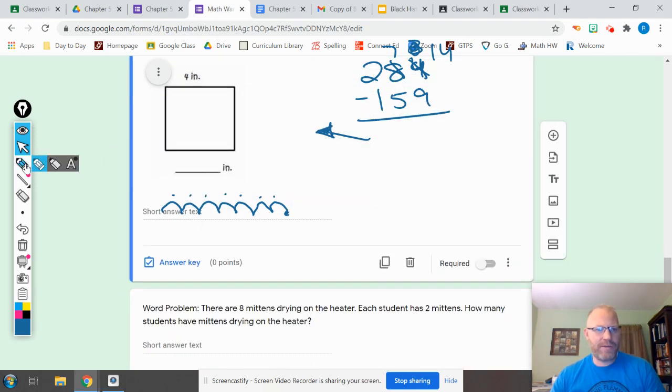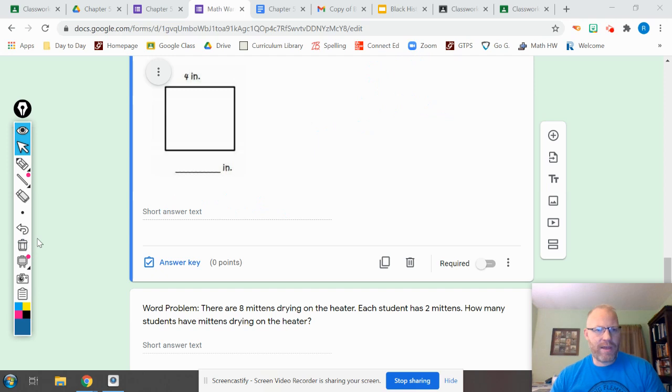That brings us to the geometry question, which is we have to determine the perimeter. So perimeter is the whole outside. Now, what shape is this? So since this is a square, every side is the same length. So since every side is the same length, you have 4 plus 4 plus 4 plus 4.